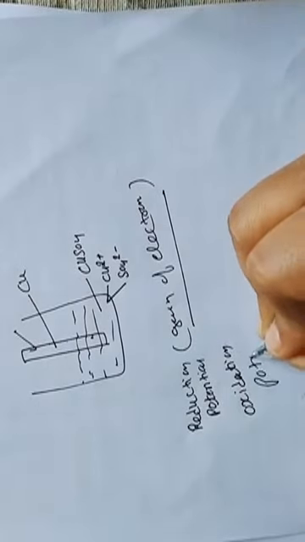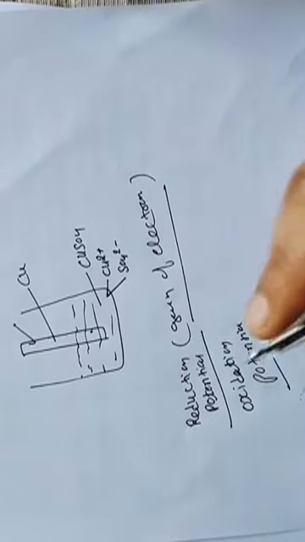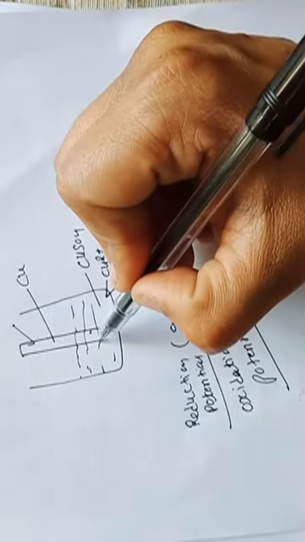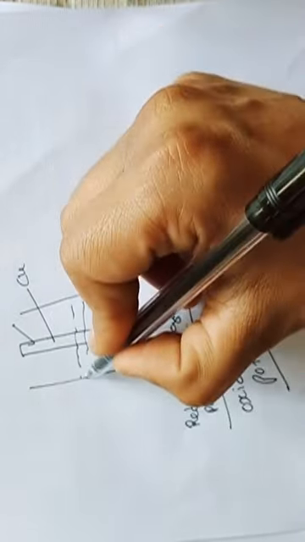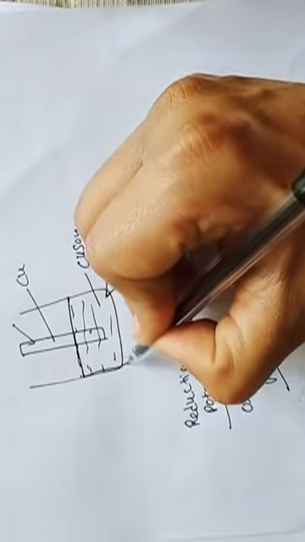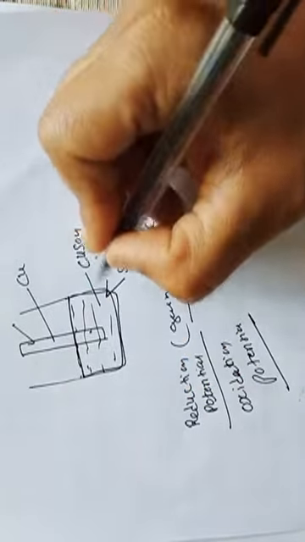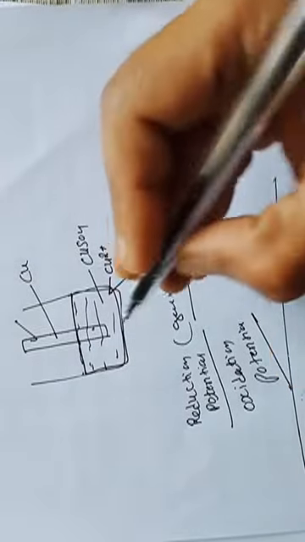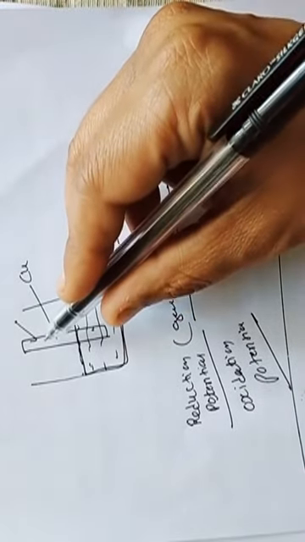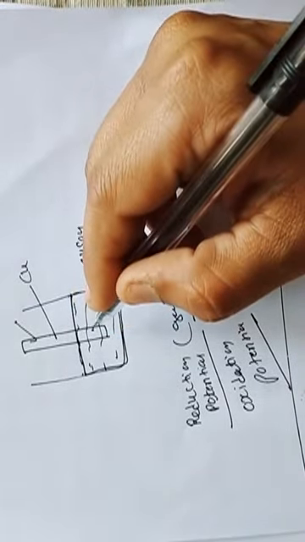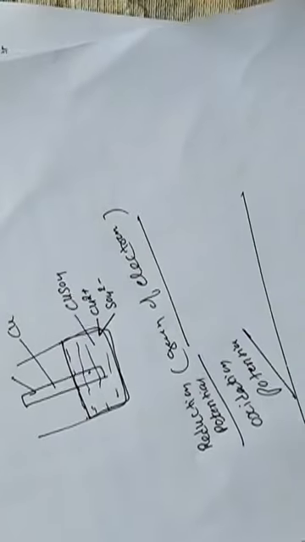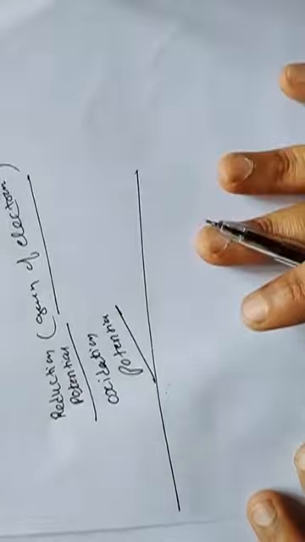Oxidation potential means the tendency to lose electrons, and reduction potential is the tendency to gain electrons. Whether this rod will lose or gain electrons depends on the concentration of the solution, and we'll discuss this in the coming topics, where we will find the reduction potential or oxidation potential using a formula. With the help of numericals we'll find the value of the oxidation as well as reduction potential. So this is the reduction potential.